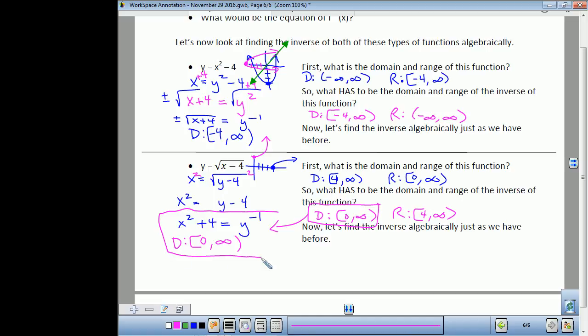So you must have both parts. Whenever you list the inverse of a square root function, you have to give that restriction on the domain. It is included in the algebraic answer, yes.